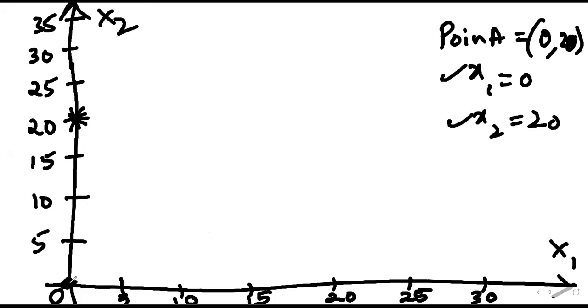So x1 is 0, so we have to draw it along the axis. Anyone has any doubts? X1 is 0 and x2 is 20. It will be on the y-axis. Anyone has any doubts? No, sir.